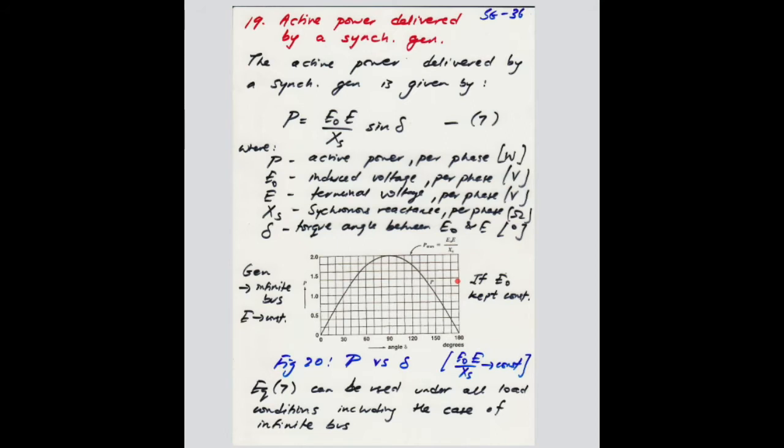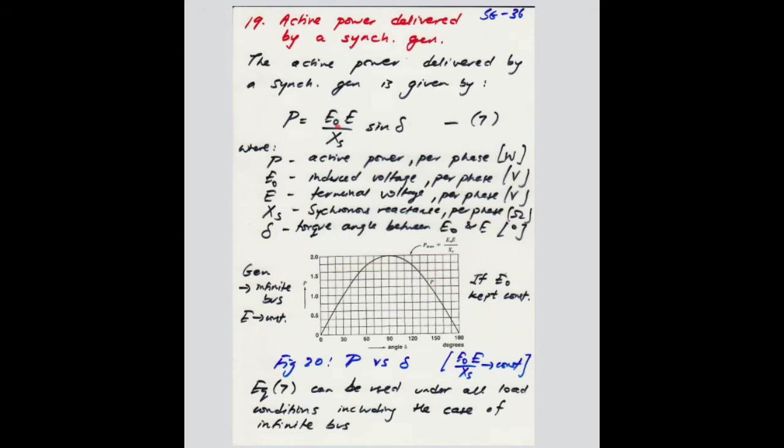Now, if you look at figure 20, as you can see, it's basically plotting the active power per phase versus the torque angle. Okay, so in this case, we're assuming that obviously we're not changing the field current, so If is kept constant, and hence E naught is kept constant.